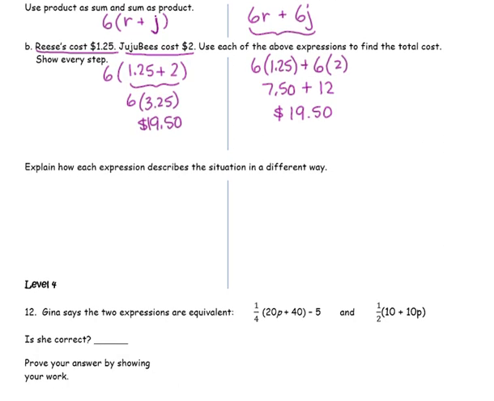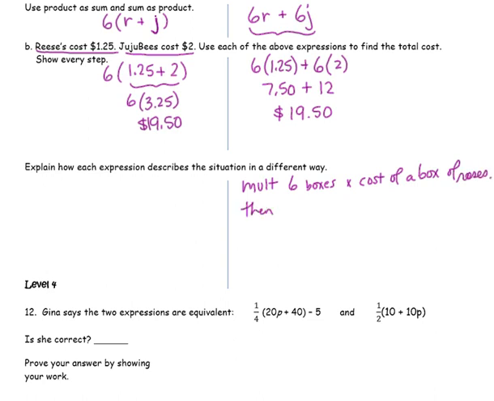Next, explain how each expression describes the situation in a different way. Let's go back to the problem on the left. On the left, we multiply 6 boxes times the cost of a box of Reese's.